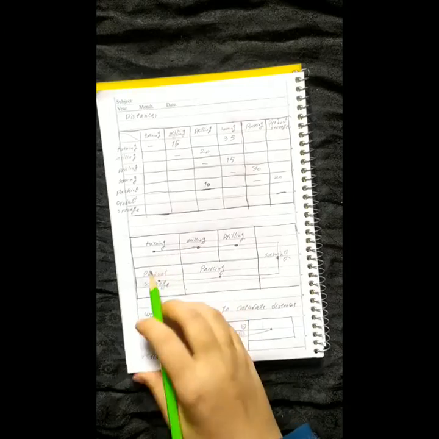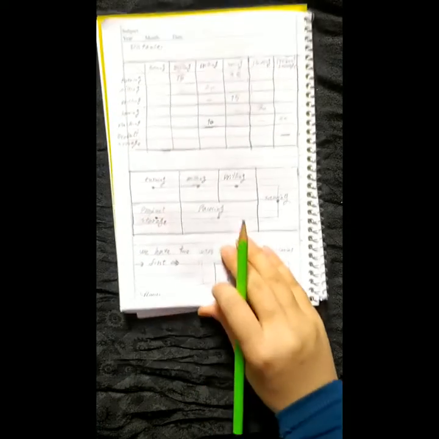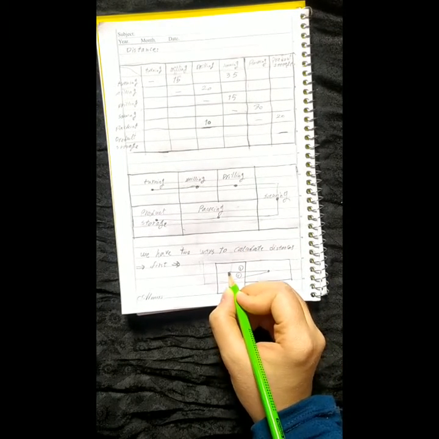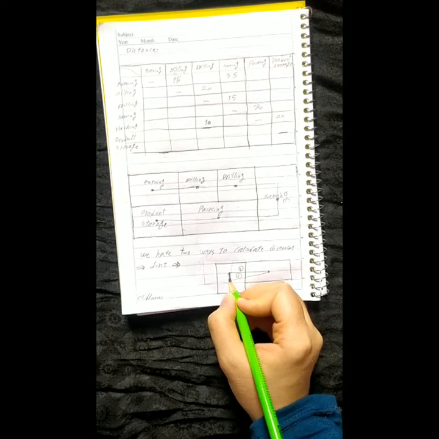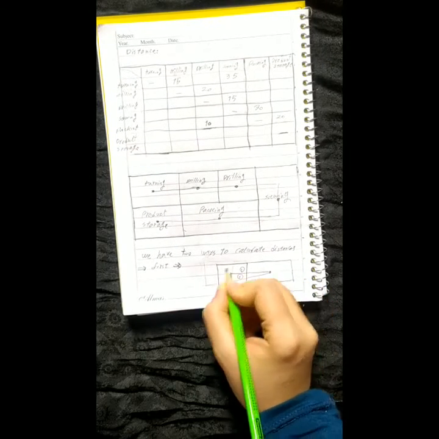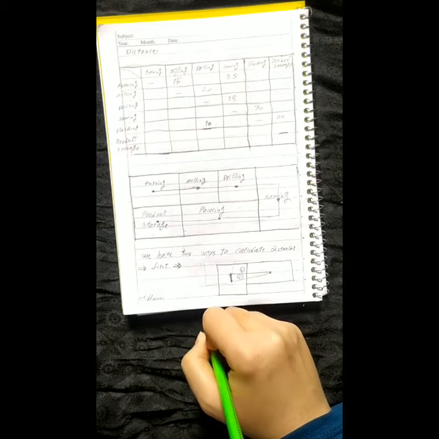Actually, for calculating these distances, we have 2 ways. One way is to calculate, as you see here, this part. It means we have to sum the distance between these parts and the distance between these parts, and we have another way to calculate them.